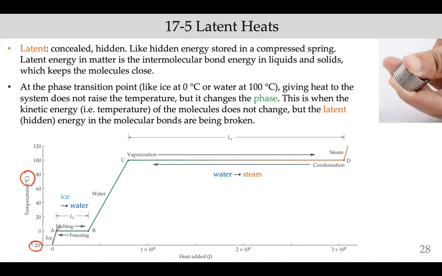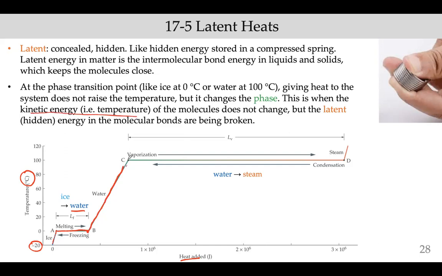Now after this point, you can see that this is heat added on the x-axis. The heat added will go into breaking the molecular bonds, so there's going to be some melting, which is a phase transition. Now, after it completely turns into water, the heat that you give it will go to the kinetic energy of the particles, where the temperature increases, because remember, they are related.